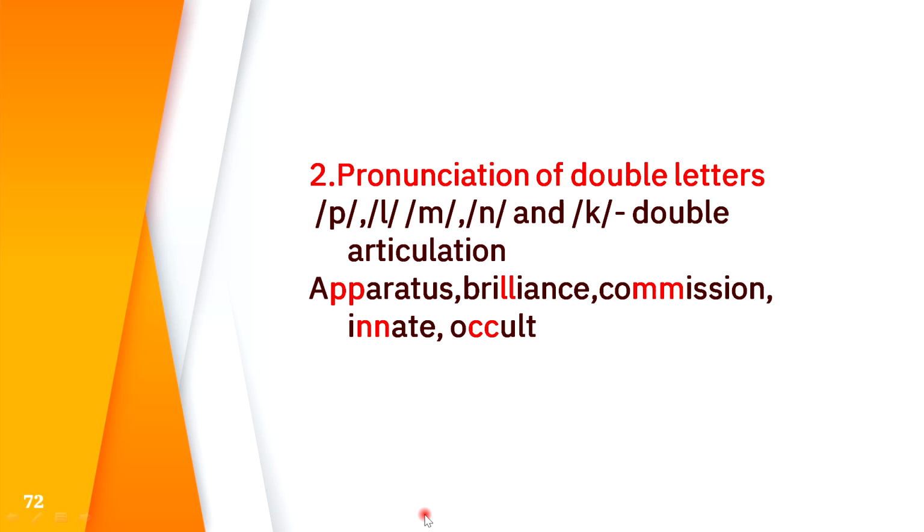Apparatus, brilliance, commission, innate, occult. Instead of pronouncing them once, Malayalis usually pronounce these double letters as double: apparatus, brilliance, commission, innate, occult. More examples can be seen in the textbook.